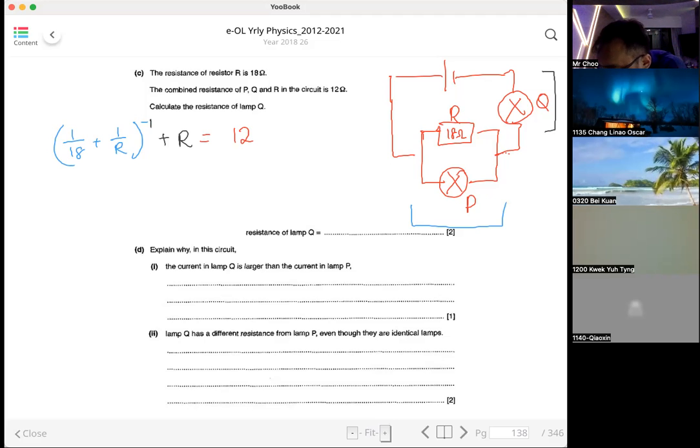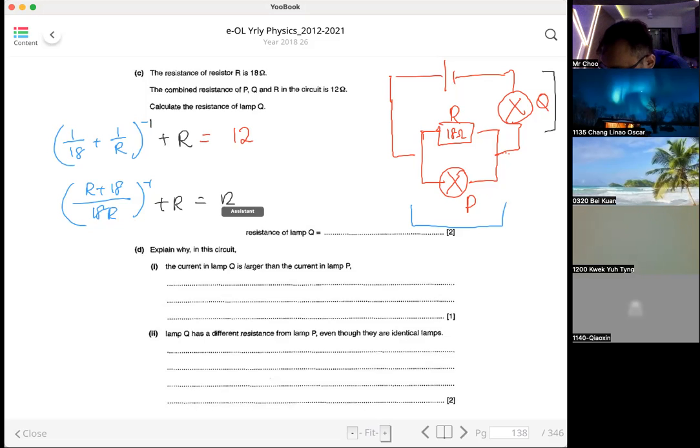Okay, so this blue color thing, you end up with R plus 18 over 18R inverse, plus R equal to 12.